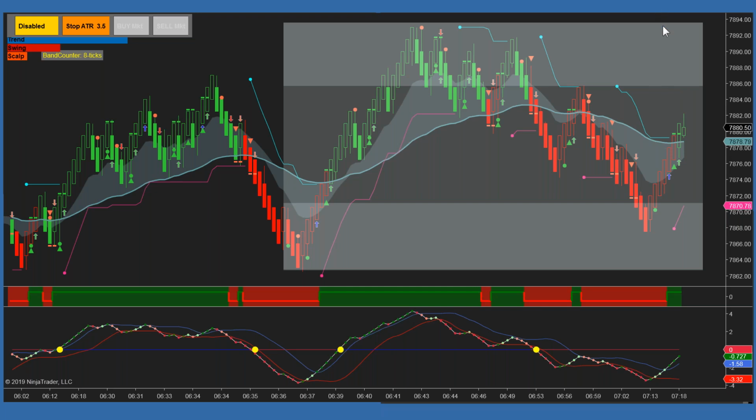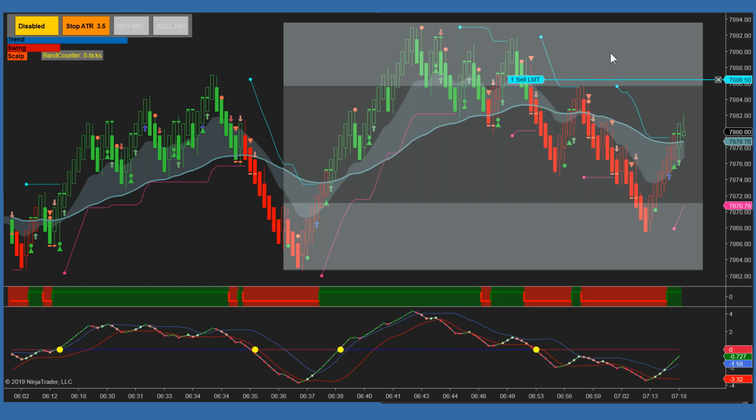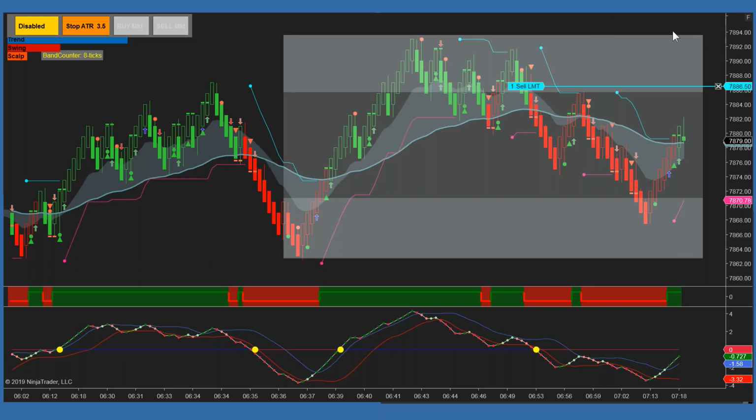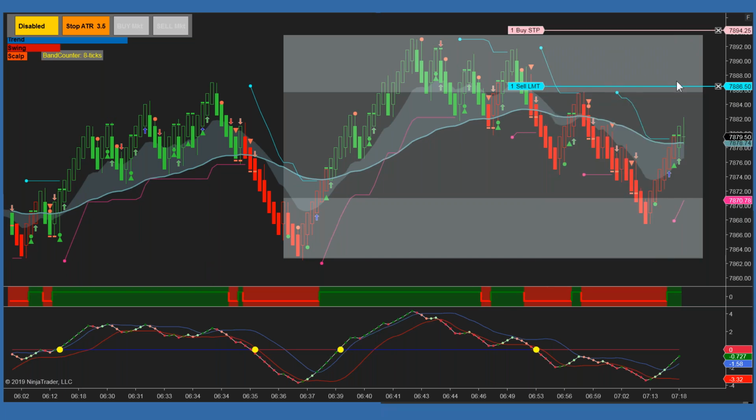So depending how aggressive you wanted to be on the trade, let's say we threw in a sell limit order and we decided we're going to cover the trade up here above the high. So there's our exit order. This is a perfectly feasible trade.